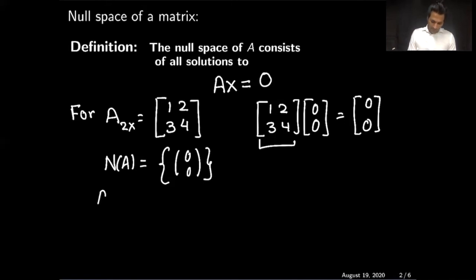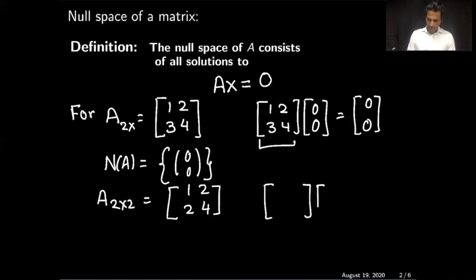Now, another example: if I take again a 2 by 2 matrix, this time I will take 1, 2, 2, 4. And now the null space is basically all the possible vectors which I multiply by this matrix, 1, 2, 2, 4, which produce the 0 vector.